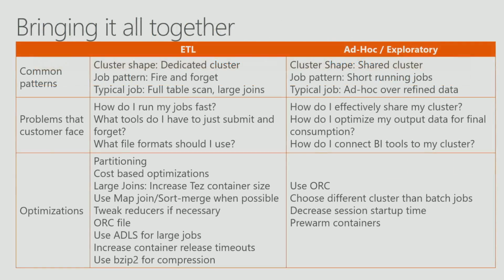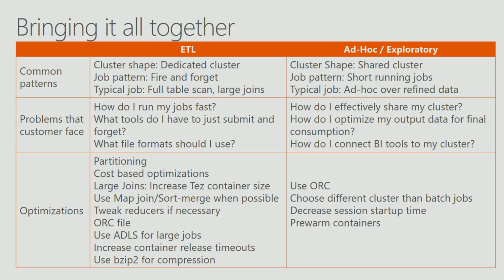OK, so bringing it all together, I'm done with the list of optimizations. Now, here is the cheat sheet which you can take away. Depending on your scenario, you can decide what optimization to use. So if you're using ETL, you should choose partitioning. You should turn on cost-based optimization, which is where you put the statistics on the table.